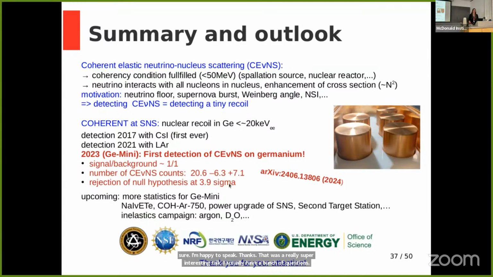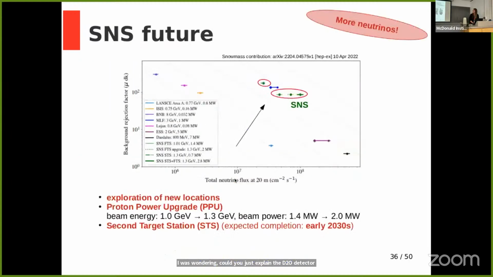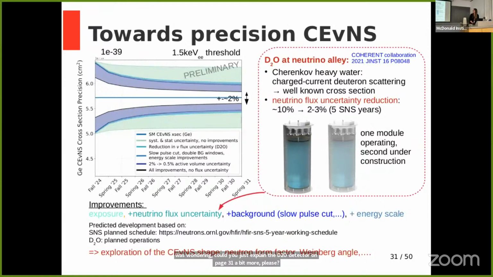I was wondering, could you just explain the D2O detector on page 31 a bit more, please? Okay. So there is this heavy water inside a pipe, and the signals that are created are there. And of course, this thing also has a shield and neutron shielding.